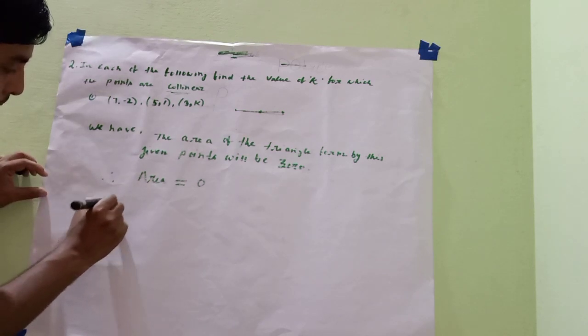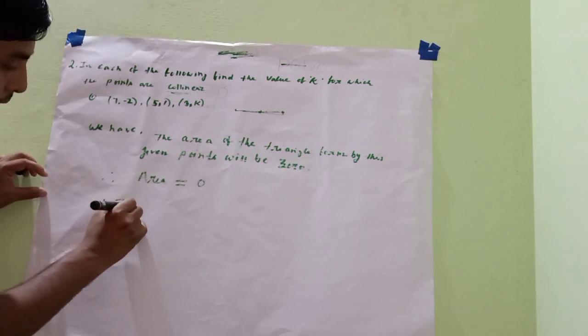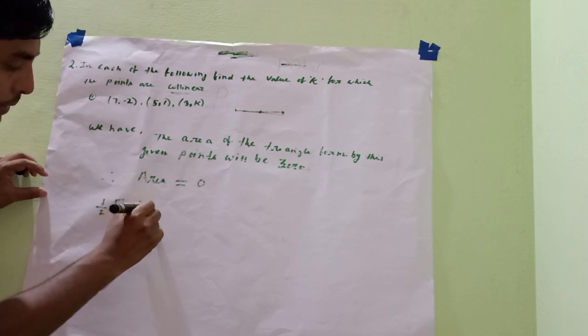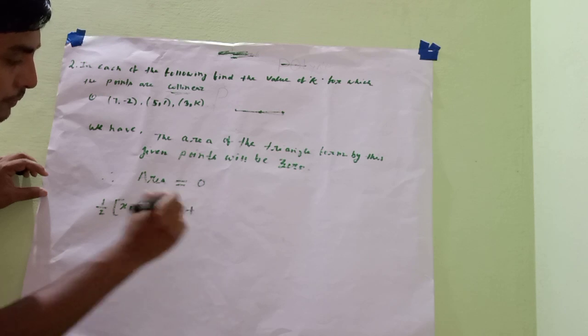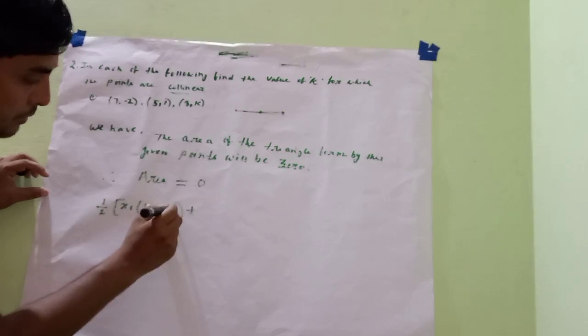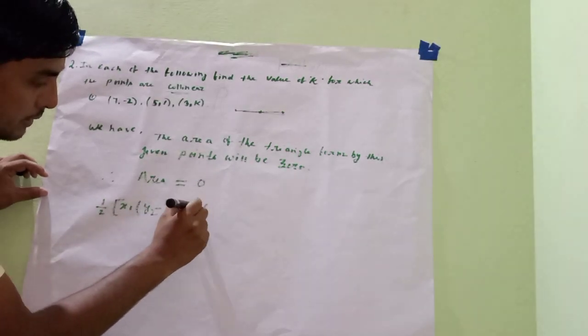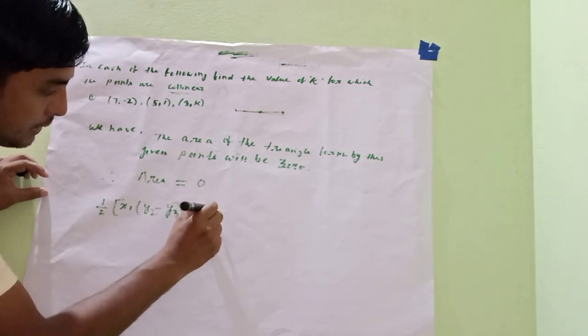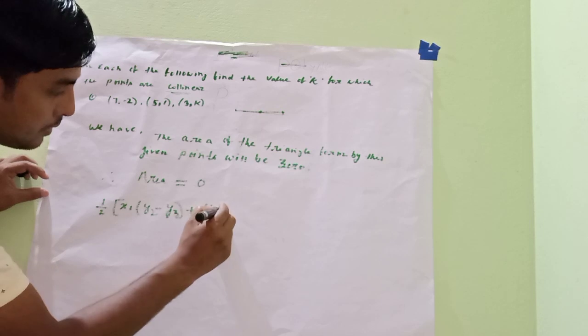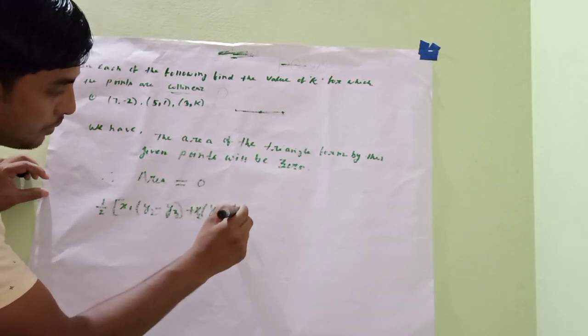Half x1 then y2 minus y3. So now you have this one, no? Now you can find the second part, x2 times y3 minus y1.